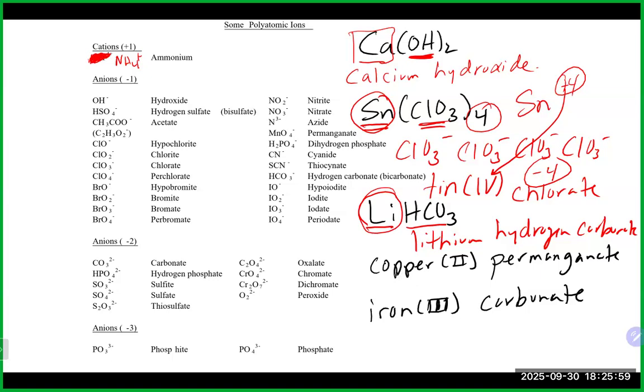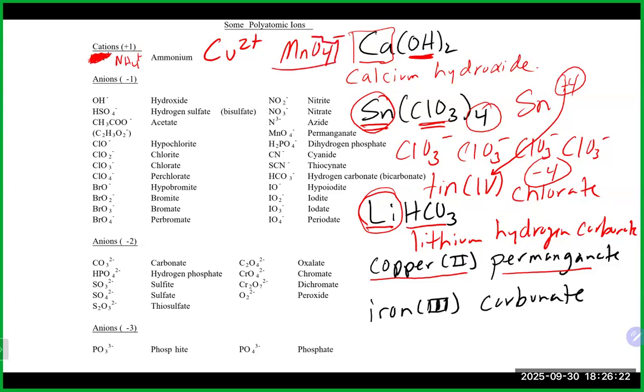All right, so rolling to our formulas. I see copper, Roman numeral 2, and permanganate. Again, this is going to be an ionic type of situation. Copper Roman numeral 2 means I do have a copper with a +2. Permanganate is a polyatomic ion, which is MnO4 minus.